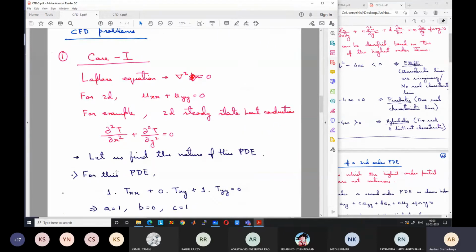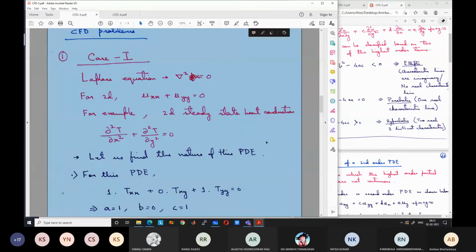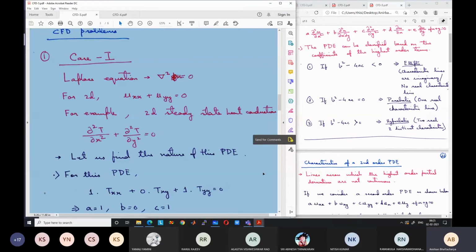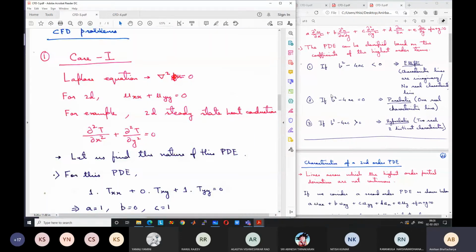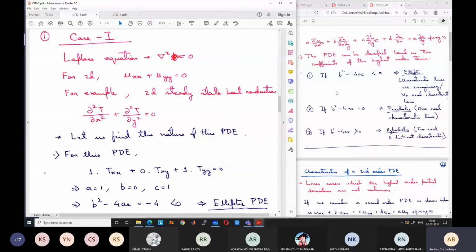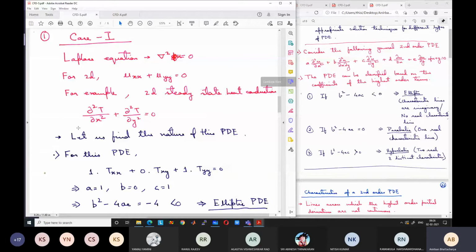So let us try to fit this into the B square minus 4AC calculation. For this PDE, what is A? For the first term, del square T del x square, A is 1. Then for the mixed derivative, del square T del x del y, we have the B coefficient.